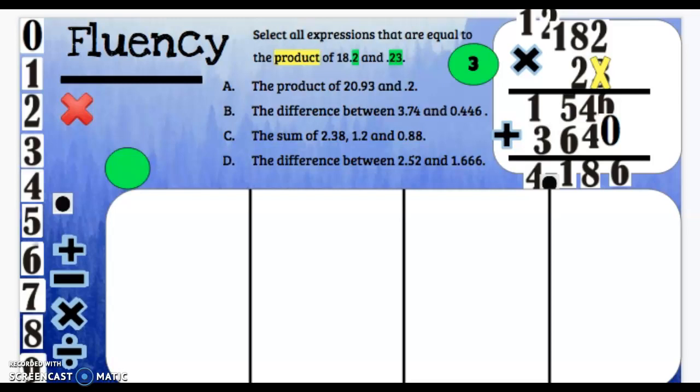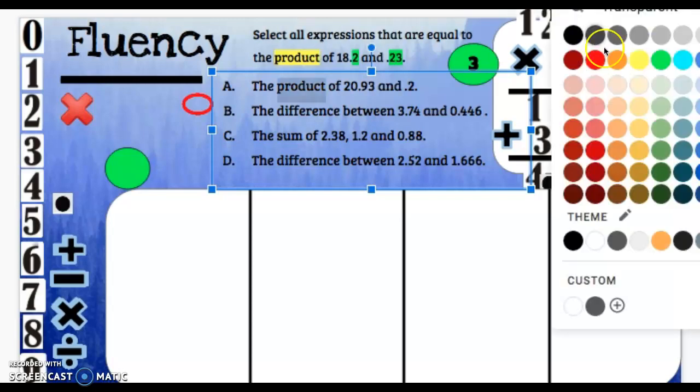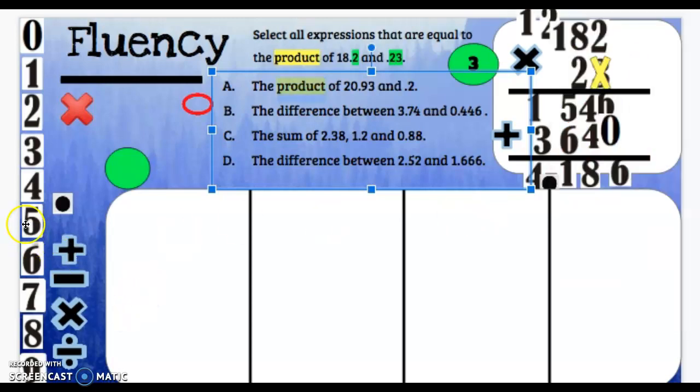So now I'm looking for which numbers here, or which letters equal that exact same answer, and then I'll circle them. So the A says the product of 20 and 93 hundredths and 2/10. So again, here's my word, product. So product tells me I'm multiplying. So my first step is to write those without decimals.